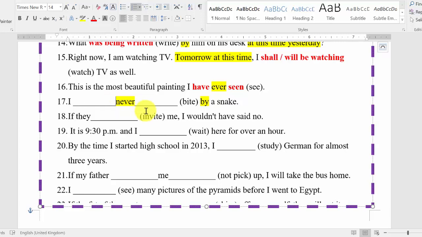The format is has, have, been, PP. We should use the plural, so have. As I told you before, you will only have one word in your first blank. So I have never been bitten. Your PP is bitten.